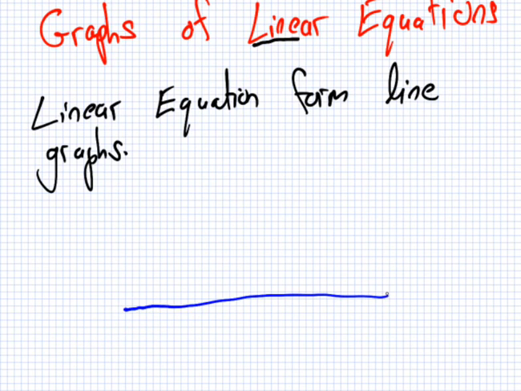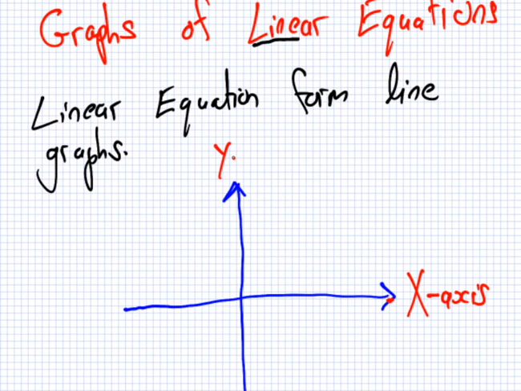Equations are things like this: 2x plus 1, x squared plus 3x plus 5, x cubed plus 2x squared minus x plus 1 equals 0. These are all called equations. Each of these has its own name though. So this one has a name, this one has a name, and this one has a name.